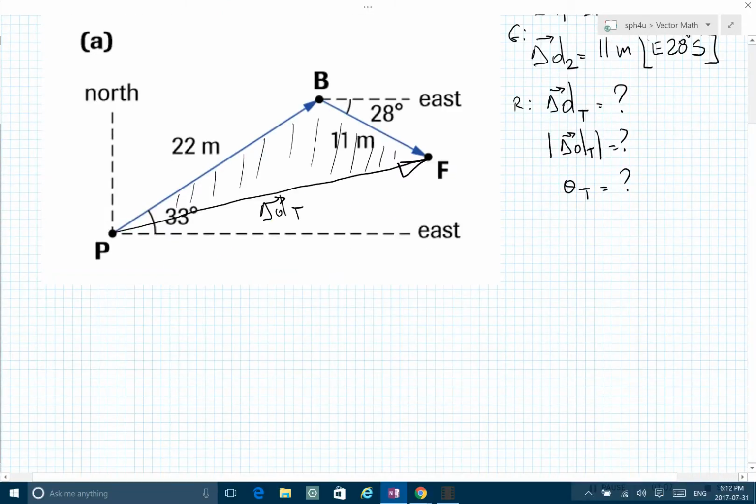So we're pretty much going to solve an obtuse triangle using cosine law and sine law.